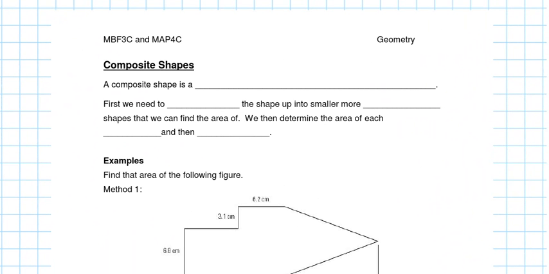A composite shape is a shape that can be divided into more than one simple shape.